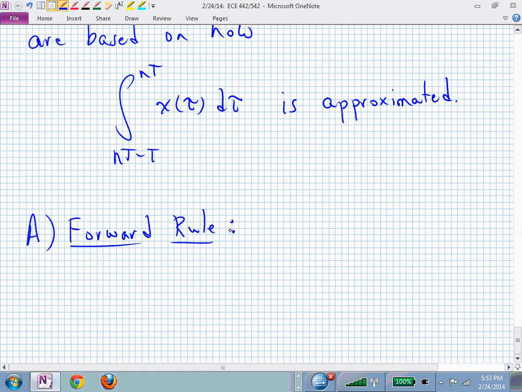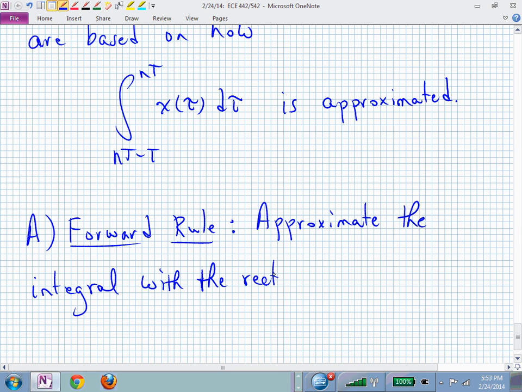By that, what I mean is we want to approximate the integral, that little sliver, with actually a rectangular area, and here's where the term comes from.